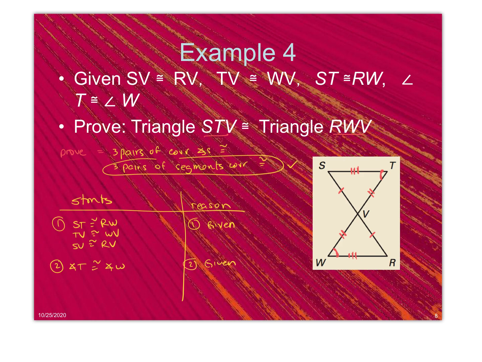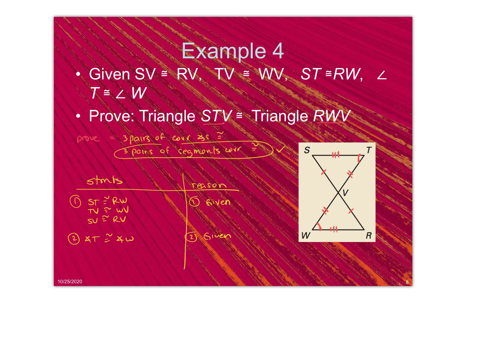So obviously, to prove these triangles are congruent, I'm going to need to prove that the other 2 angles are congruent. The first one I'm going to go to is here. I know that this angle here, angle SVT, is congruent to angle RVW.